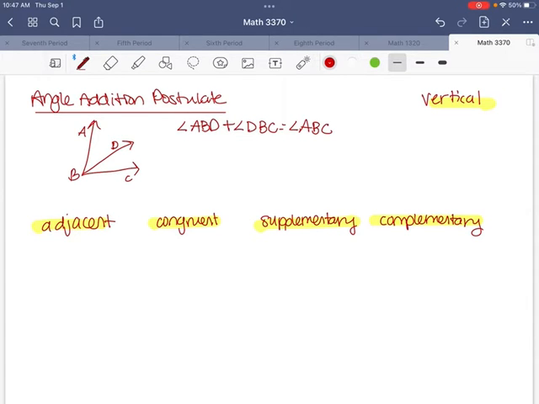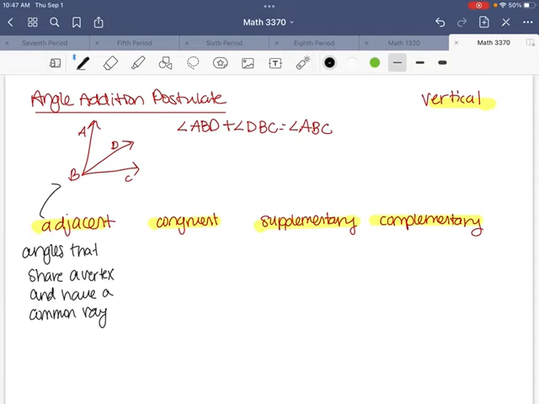So adjacent angles are angles that share a vertex and have a common ray. So the example above is actually an example of this one right here. Those are adjacent angles. So angle ABD and angle DBC.